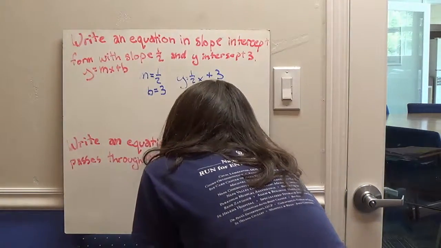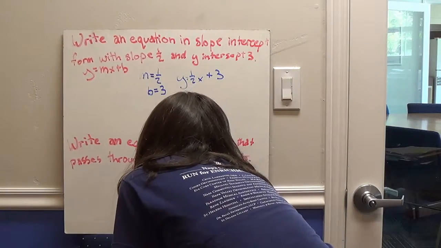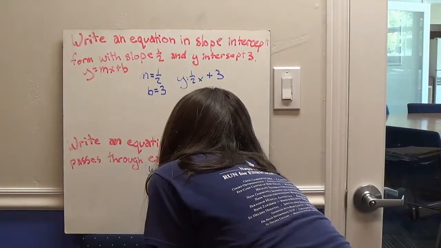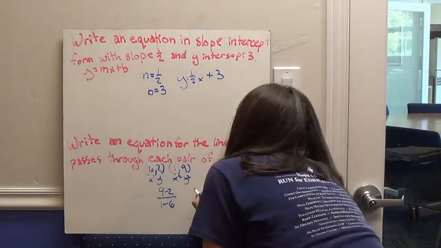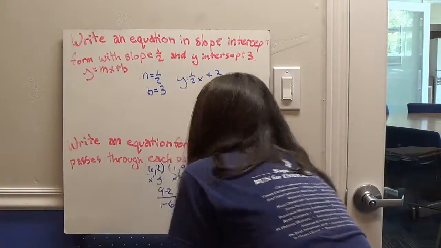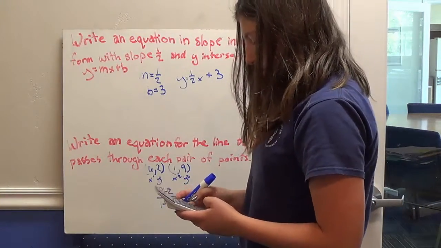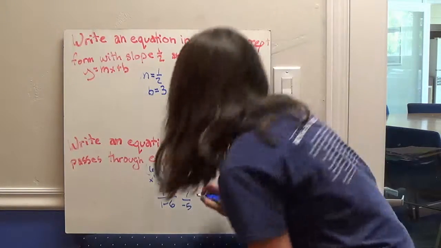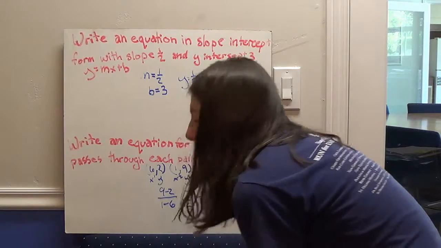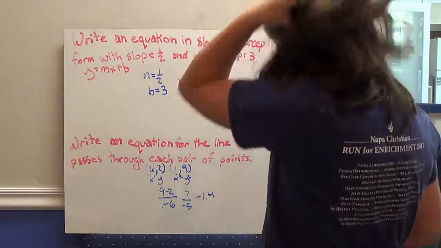So y2 minus y1 is 9 minus 2, and then over 1 minus 6. 9 minus 2 is 7, and 1 minus 6 is negative 5. And that gives us 7 divided by negative 5 equals negative 1.4.